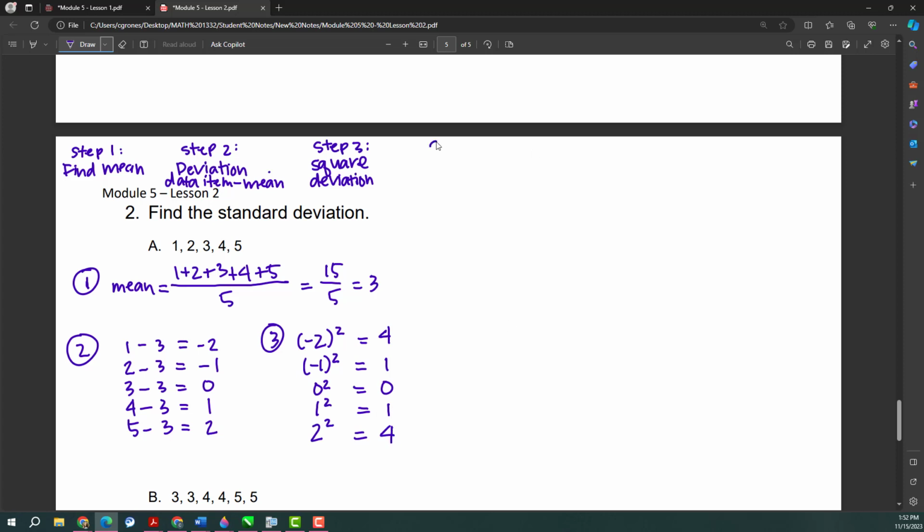Step 4, we are going to sum all squares. So we are going to add all of these up. 4 plus 1 plus 0 plus 1 plus 4 gives us 10.